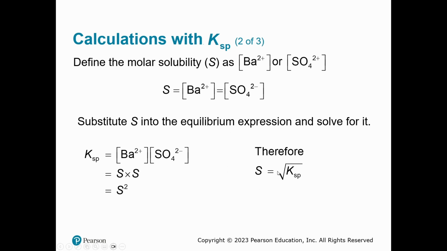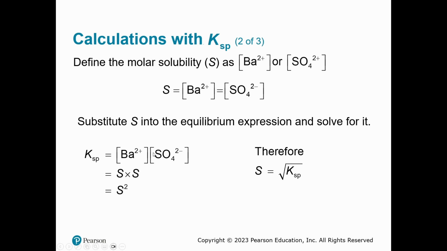And then we can take the nth root of the Ksp, depending on how many things there are. Since we have 2 things, we'll take the square root. If we had 3 things, we'd take the cube root, 4 things, the 4th root, n things, the nth root. We want to be careful, though, to make sure that we do have 1-to-1 stoichiometric ratios when we're doing this, because if we don't, we then have to consider the stoichiometric coefficients.